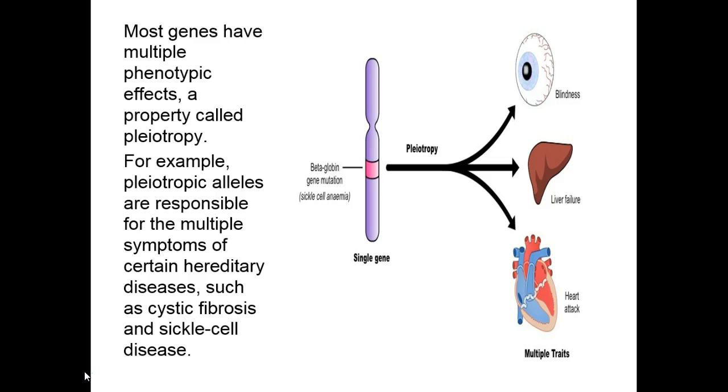Other things can happen with regard to genes: you can have a property that affects multiple different areas of the body. We call it pleiotropy. And these alleles are responsible for affecting the organism. We're speaking about diseases such as cystic fibrosis and sickle cell disease.